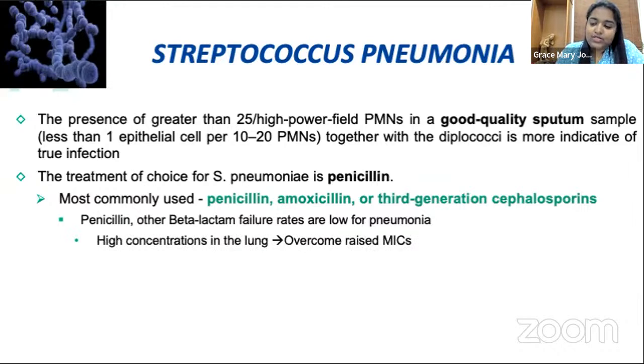So if you have a borderline or intermediate resistant one, giving a higher concentration might help in overcoming the MIC. This has to be taken with a pinch of salt because you don't want to end up in treatment failure, but this is something that we can target for.